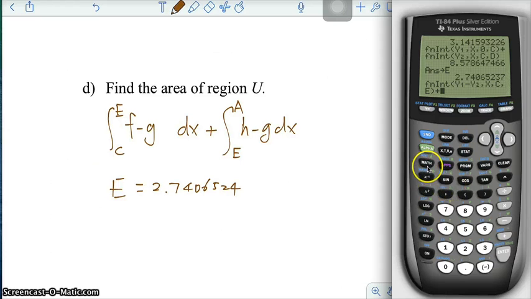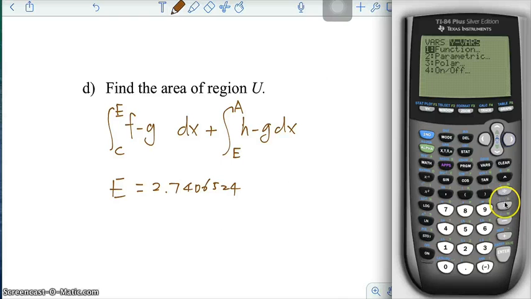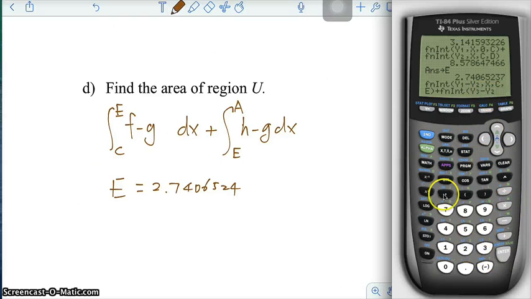Plus another integration. This time it is H minus G. H would be our last function, number 3, minus G, which is our second function, y sub 2.